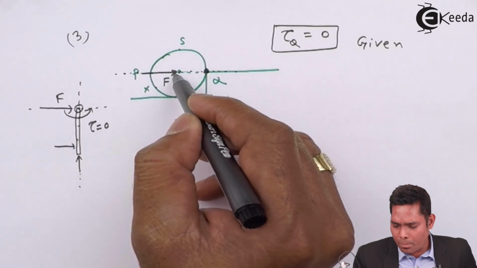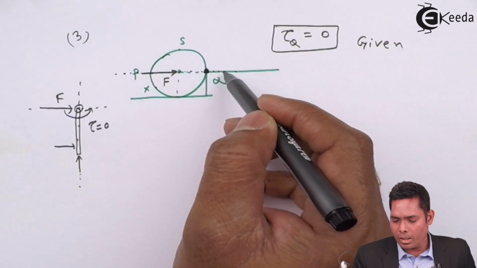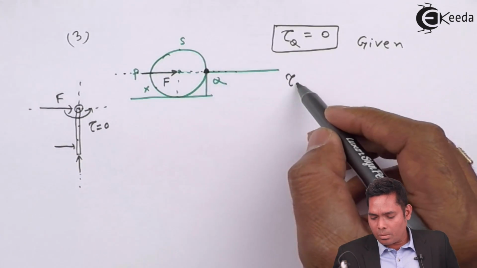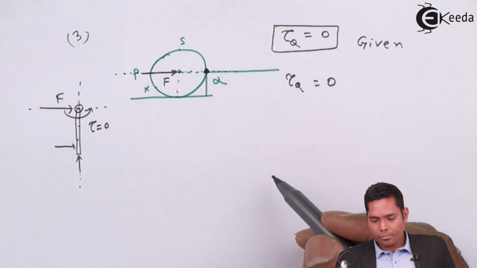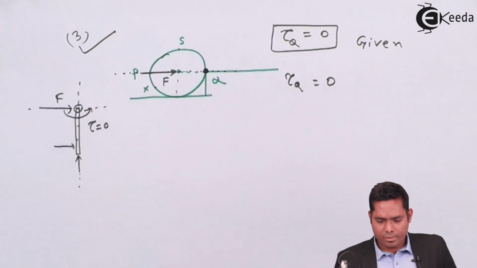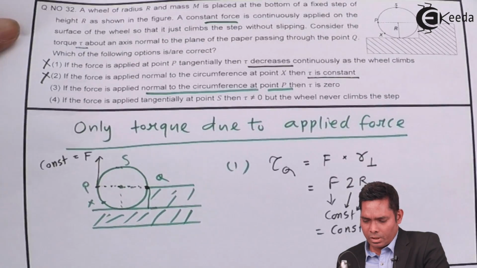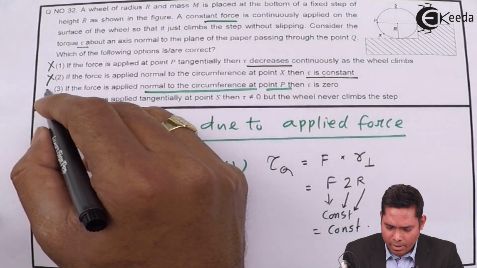Similarly, the force that I am applying here is passing through the point of rotation, so it will not rotate. Therefore, the torque about Q is 0. So this option is correct. Option number 3 is correct. There is no doubt about that.